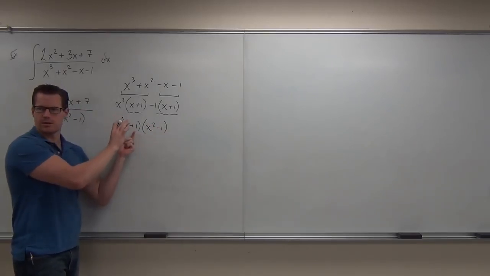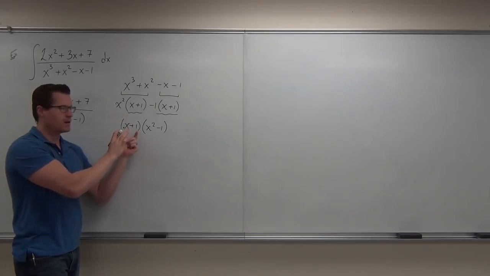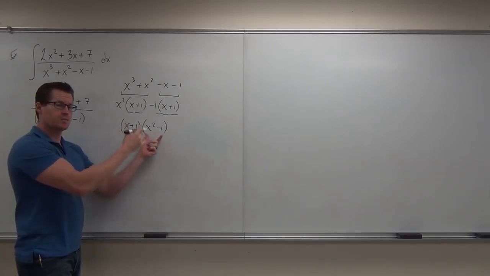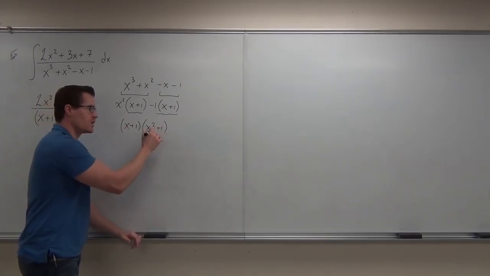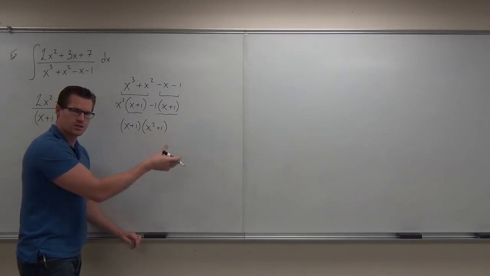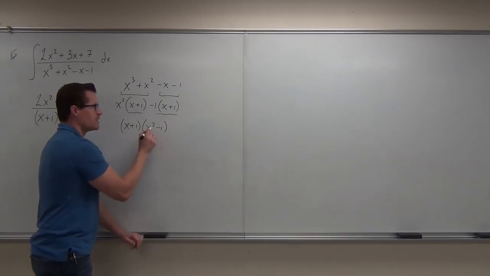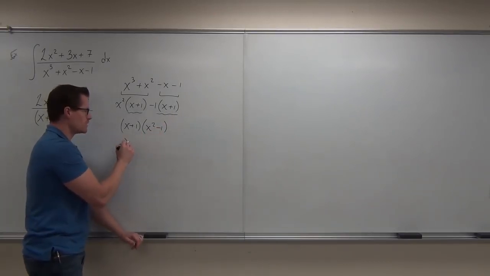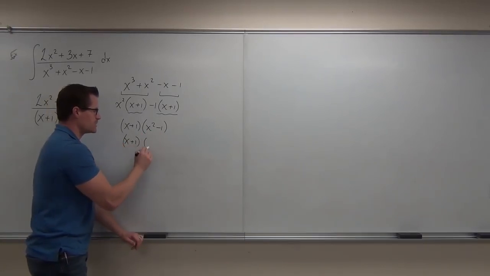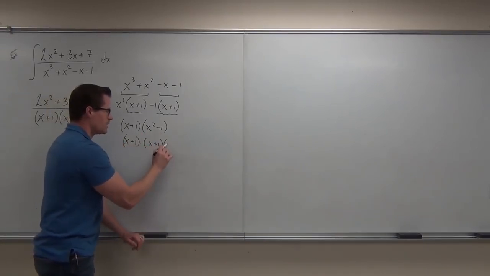Linear means power 1, x to the first power. You with me? Yeah. This is quadratic. That would be cool if it was plus. If it's plus, you're done. Do you see why? You can't factor x squared plus 1. But if it's x squared minus 1, that means you have to keep going. So we do x plus 1, and we do x plus 1, x minus 1.